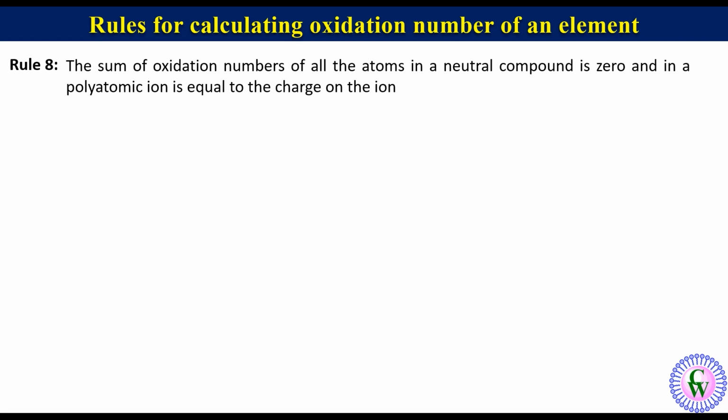Let's take the example of calculating the oxidation number of sulfur in SF6. We know that the oxidation number of fluorine is -1.